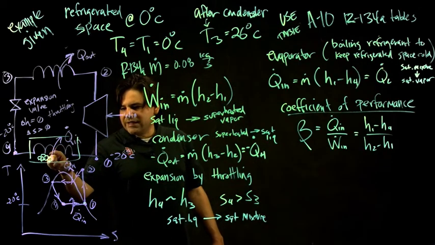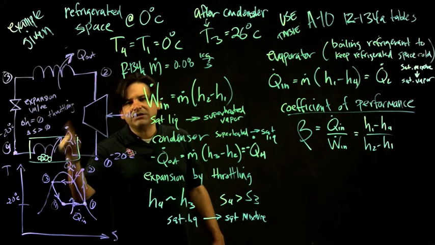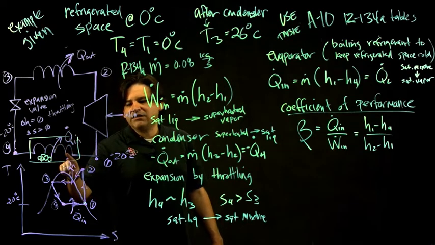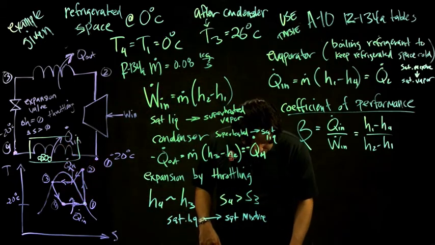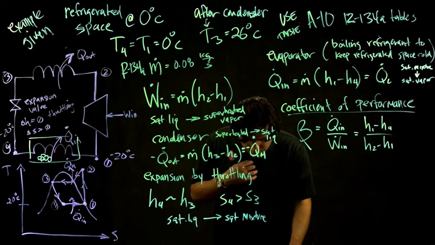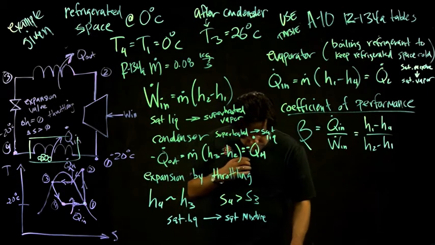Another thing we know from the ideal process is that this is saturated mixture or saturated liquid, so it's somewhere on that saturation line, okay? How do I know H2?